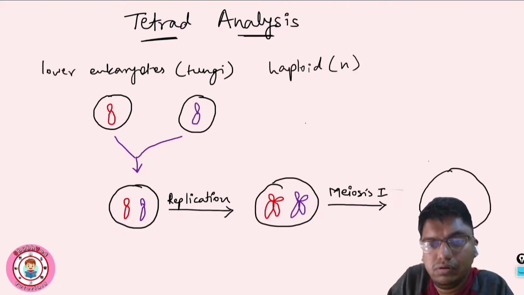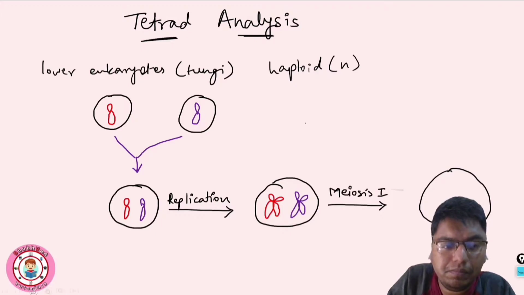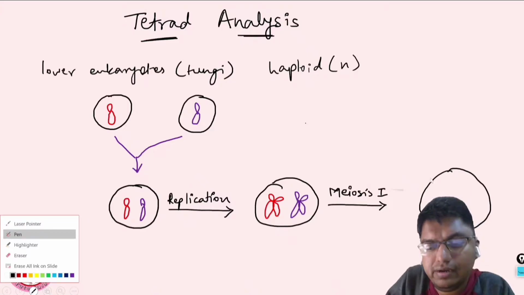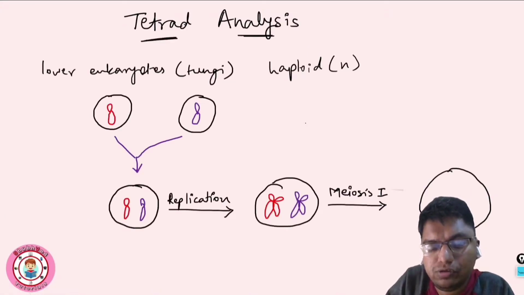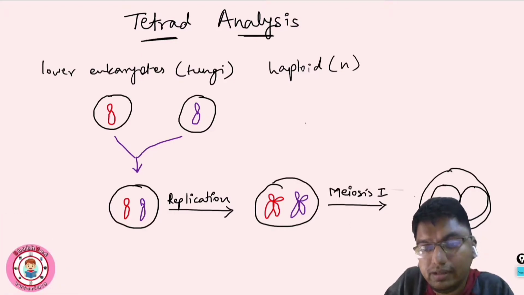After meiosis, what will happen? I will just draw here. Then the two separate chromosomes will get segregated after meiosis 1, so the structure will be formed like this. Suppose this is one cell and this is another cell, and the chromosome is getting separated here.